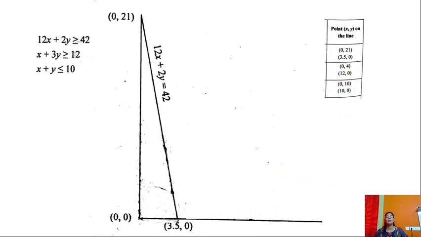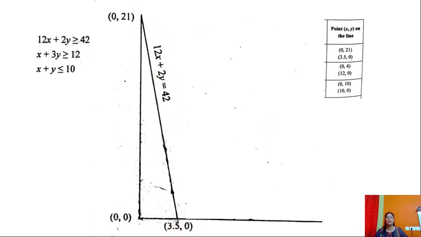And then the next straight line we get here, where we have x is 0 and y is 21, and x is 3.5 and y is 0. So this is another straight line.